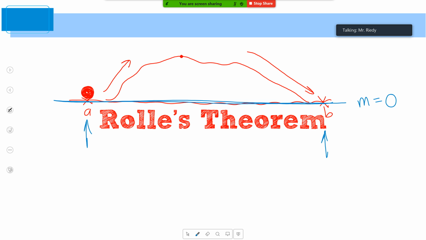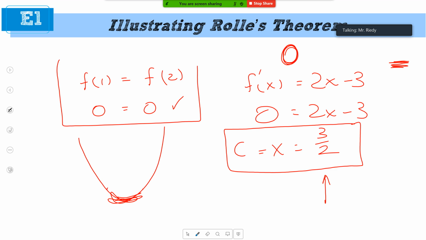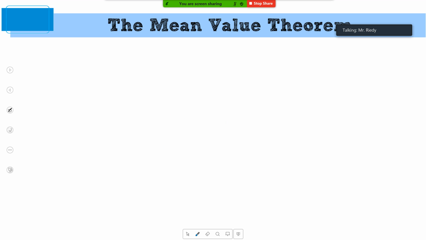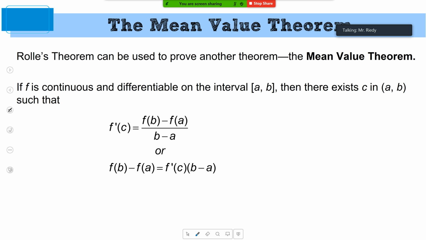Then, when I get to the top of the hill, we've already learned that that would become an extrema. It would also have a slope of 0. So the only difference between the mean value theorem and Rolle's theorem is that in Rolle's theorem, the slope has to be 0 each time. Level ground, top of the hill or bottom of the valley, always 0. The mean value theorem, however, takes that restriction of 0 out and just says they have to be equal.